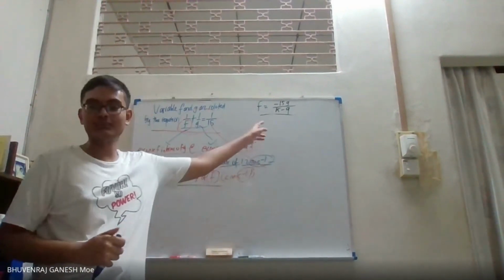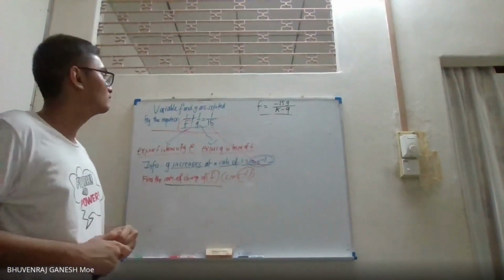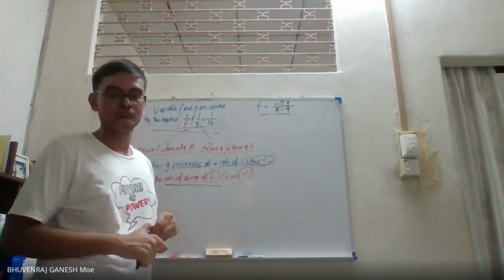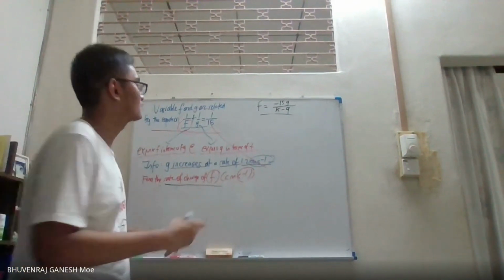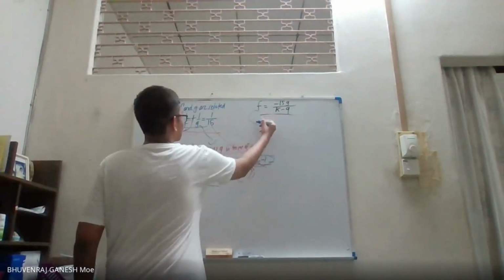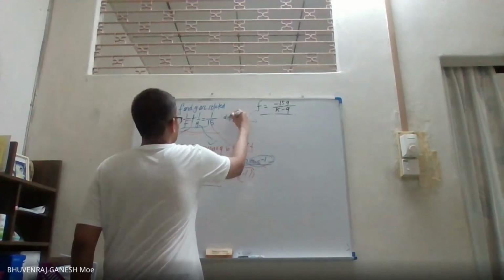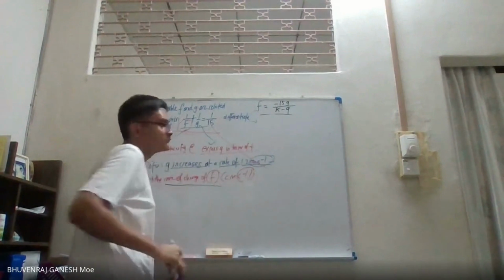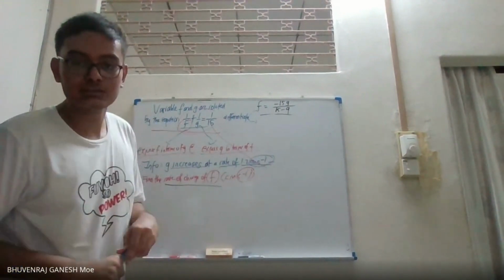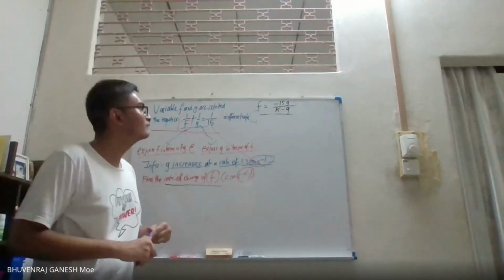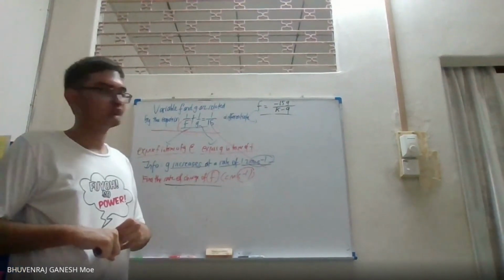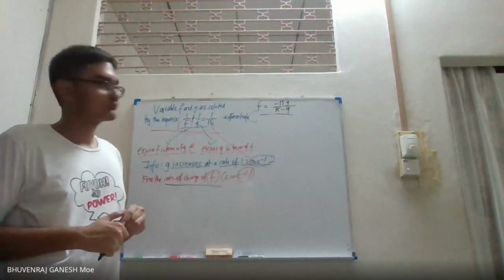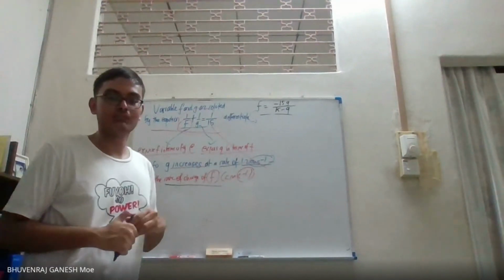There are only two variables here. Basically, how you proceed from here to the next step: this step is differentiate. Why do you want to put a bracket? Bracket means in terms of what?